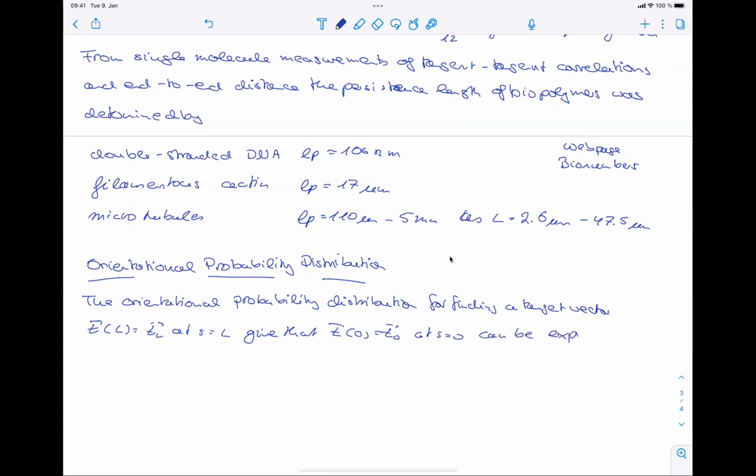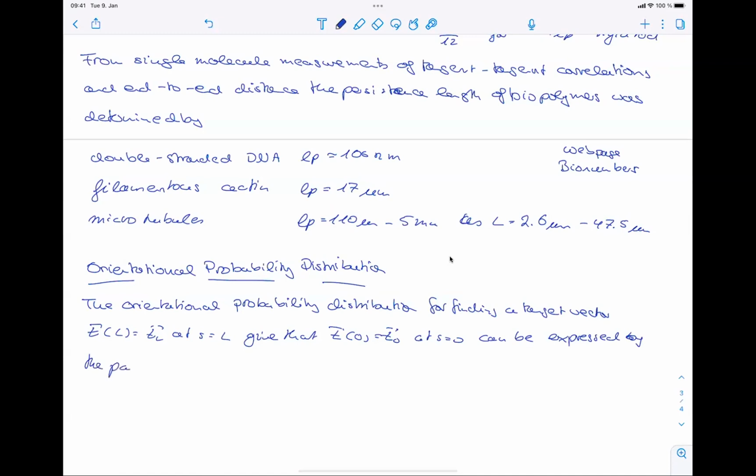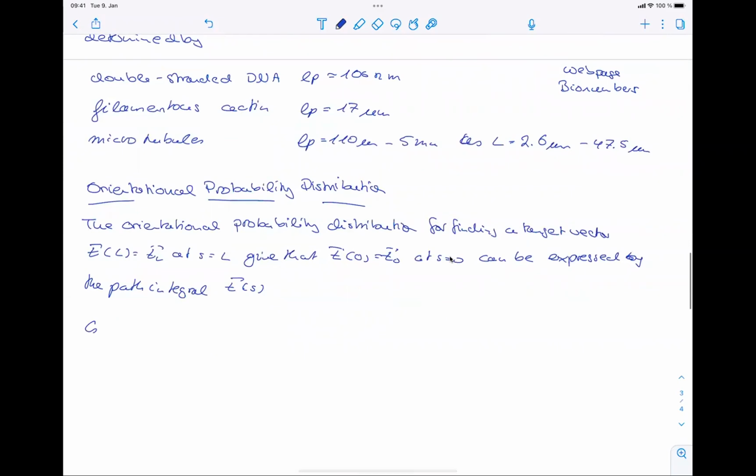Can be expressed by the path integral along the contour, and here then this would be T(L) at L given T naught at 0, integrating, holding these values fixed, is then again having this constraint though in mind.